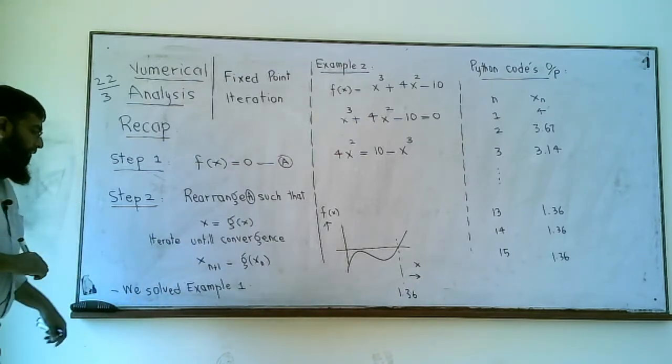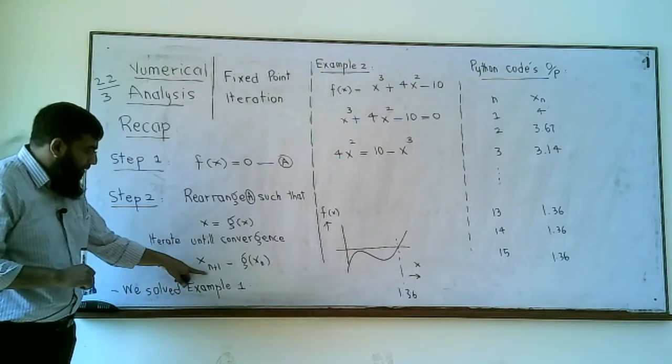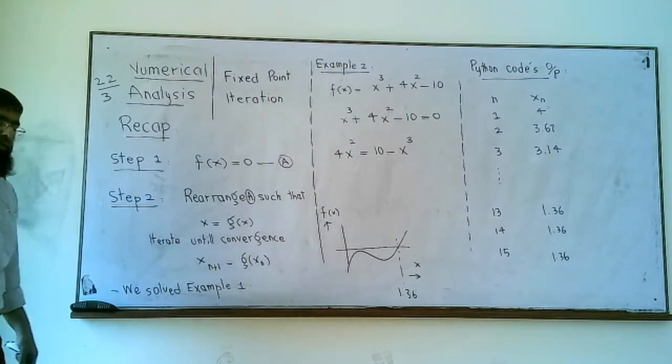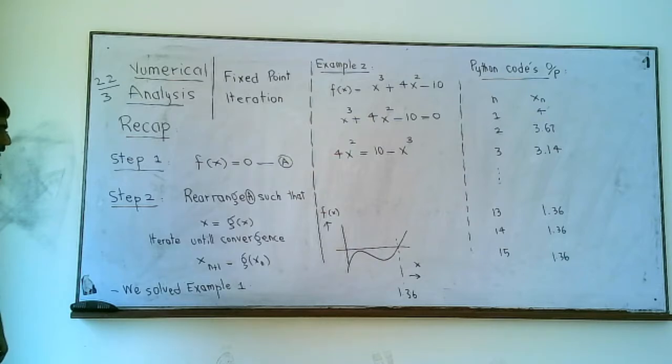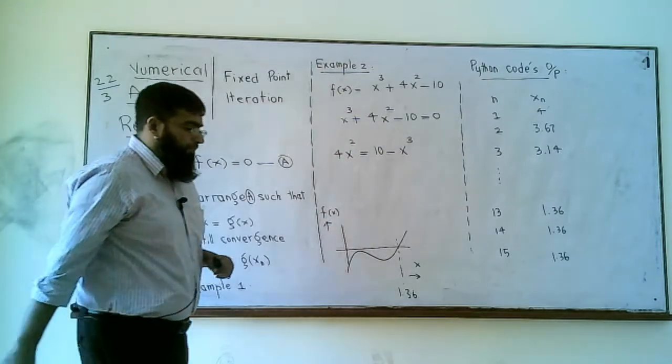We iterate until this expression converges. X in the next iteration is g of x in the current iteration, right? And we keep on doing this until we converge to a value of x that is the root of this function f of x, right?